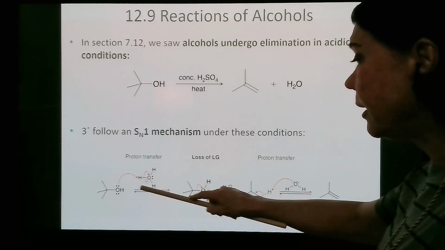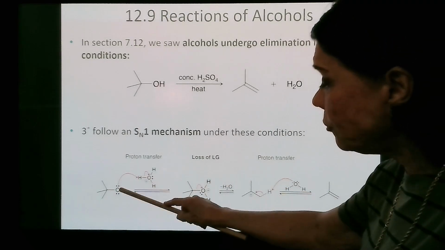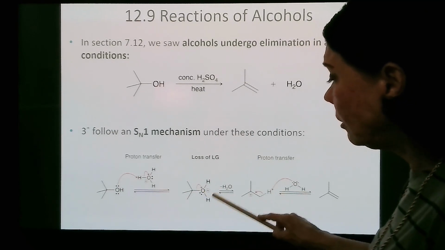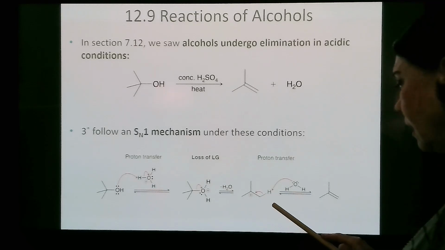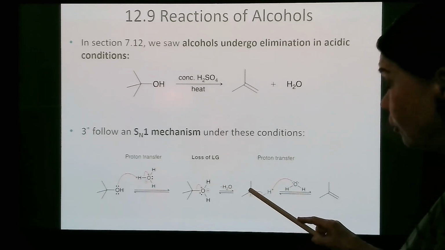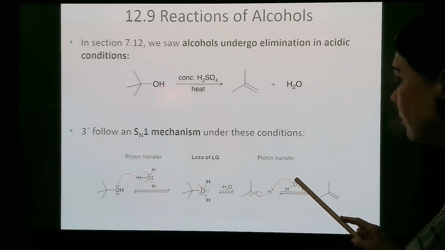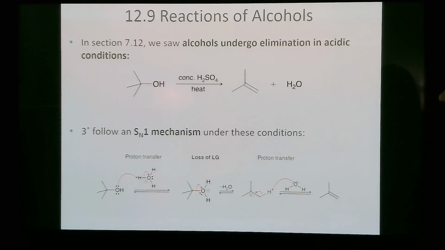The tertiary alcohol does the SN1 reaction. You protonate it, the good leaving group departs. You form the carbocation, the trisubstituted, the tertiary carbocation. The pair of electrons on oxygen picks off a proton, and the double bond is formed.